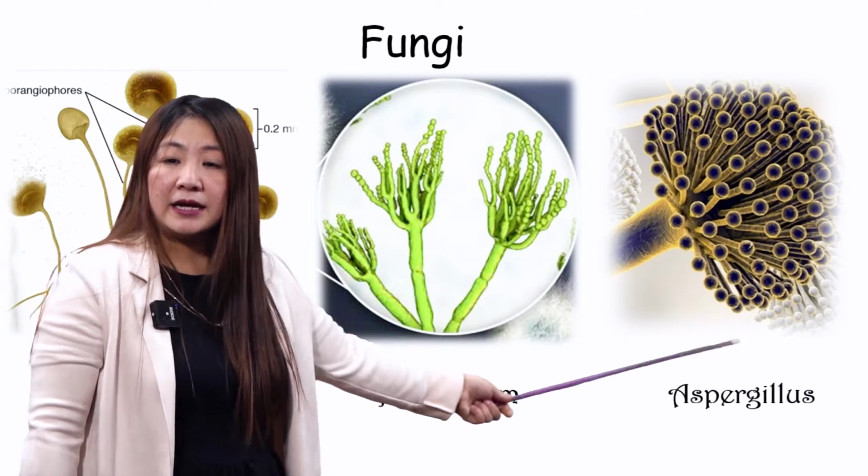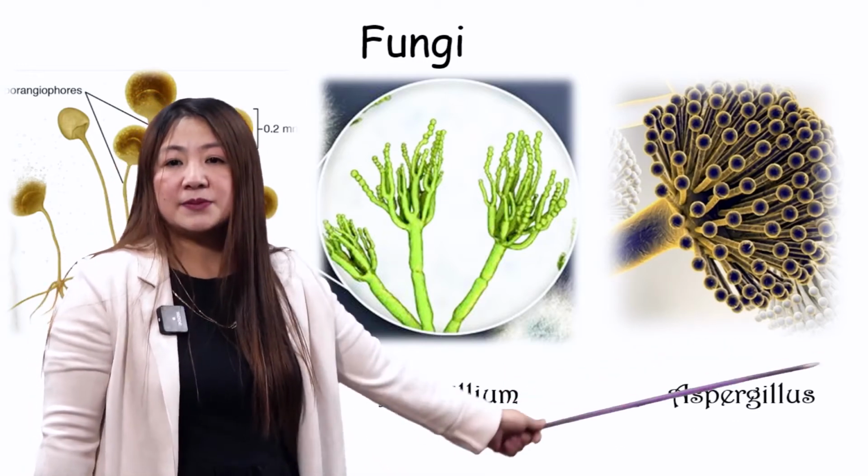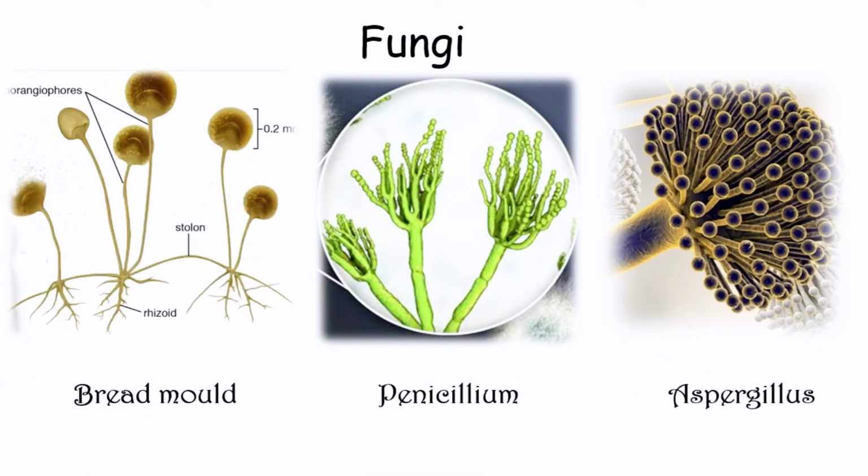They look like this. And aspergillus. Remember all these names because you'll be asked to name some fungi. So what are they? Bread mold, penicillium, aspergillus. This is how fungi look.